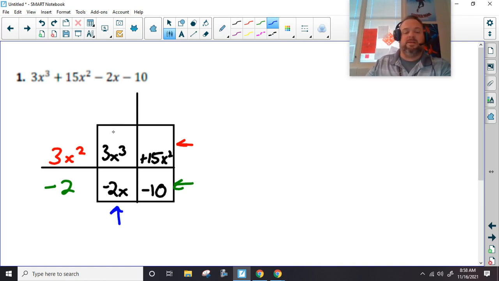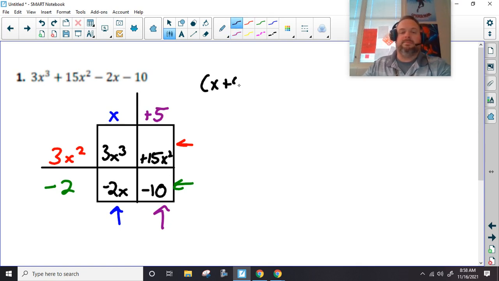What about this column right here with the 3x to the third and the minus 2x? X. And what about this right here? We have 15x squared and minus 10. Yeah, I heard it. 5.